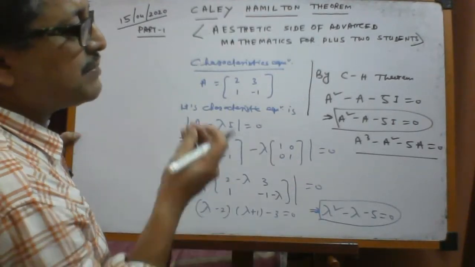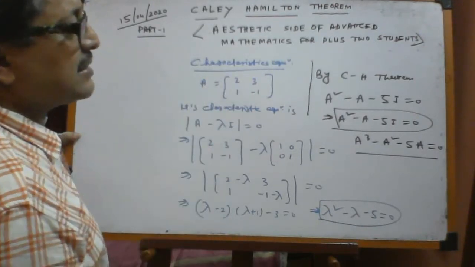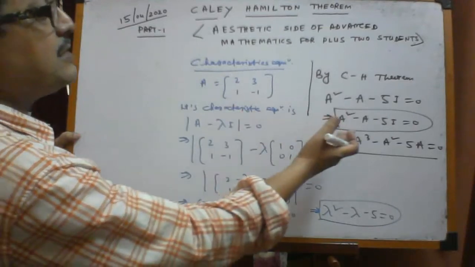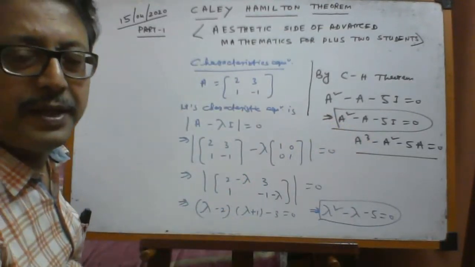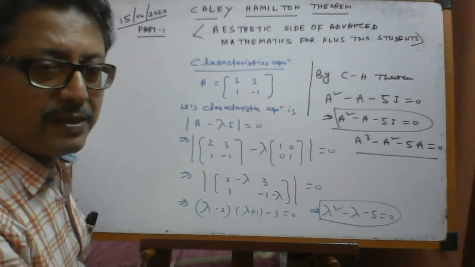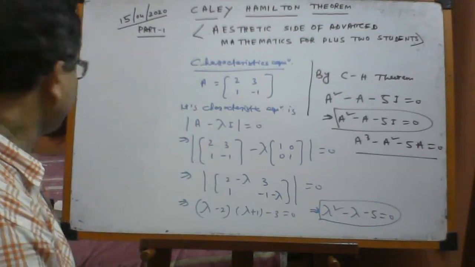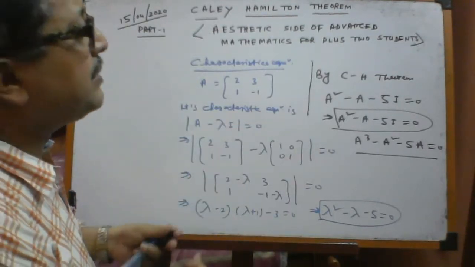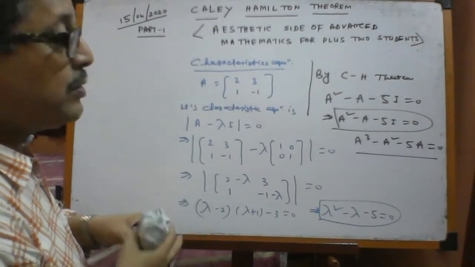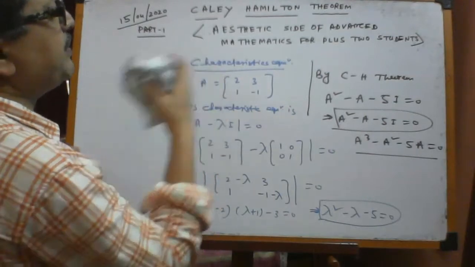So in an MCQ question, they have given this matrix, then they are asking which equation the matrix satisfies, and 4 options are given. You can get the answer very fast just by writing the characteristic equation and then put the value of A over here and replace the constant by the unit matrix.